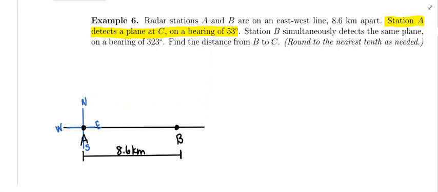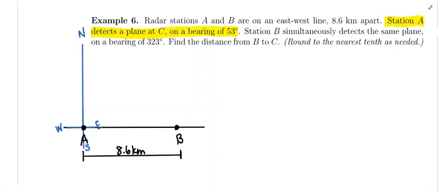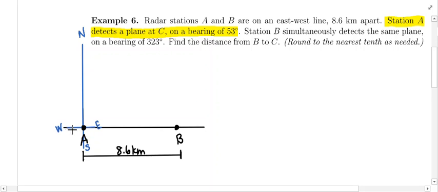So I'm going to extend the north line. If the bearing is expressed as a single angle, it is relative to due north. So let's say this is due north. The way you draw the bearing is we align ourselves with due north, and then rotate clockwise 53 degrees.